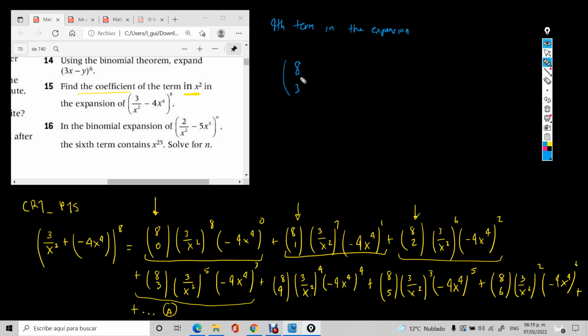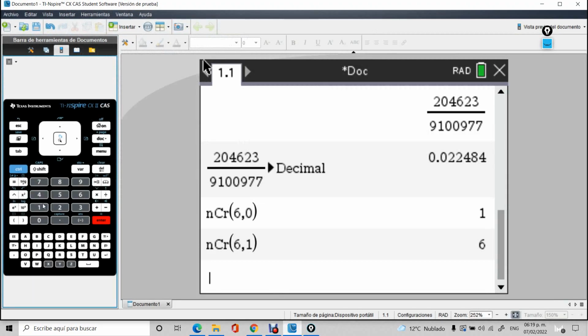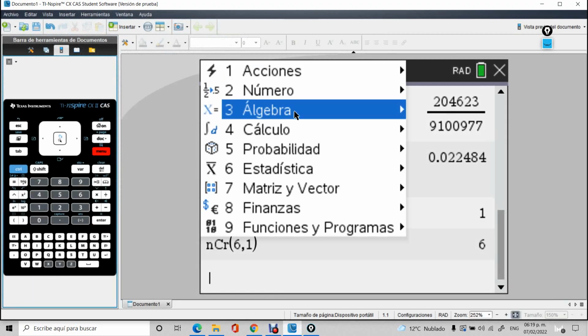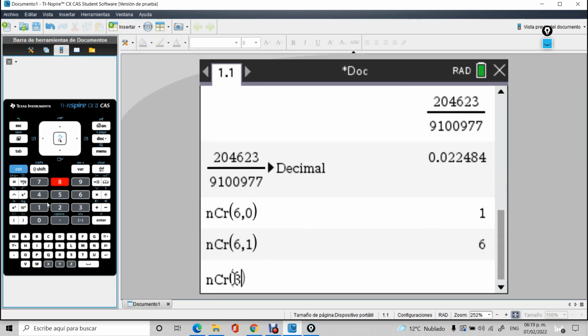So let's write it down and let's simplify it. 8 choose 3 times 3 over x squared to the 5 times minus 4x to the 4 to the 3. And now we can do this, right? So once again, 8 choose 3. Let's go to the TI and find that number. Menu, probability, combinations, 8 choose 3.